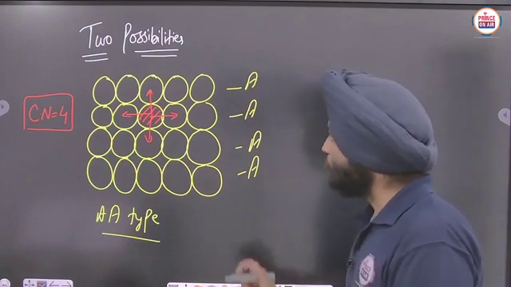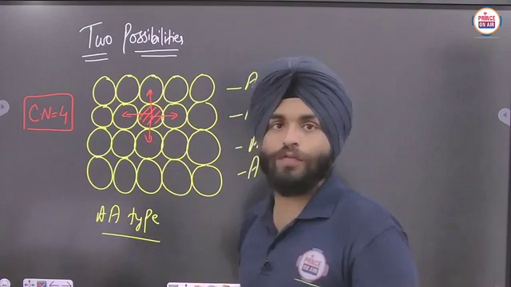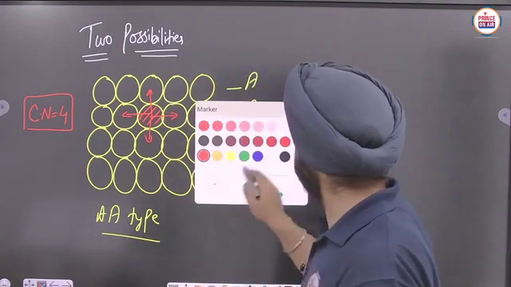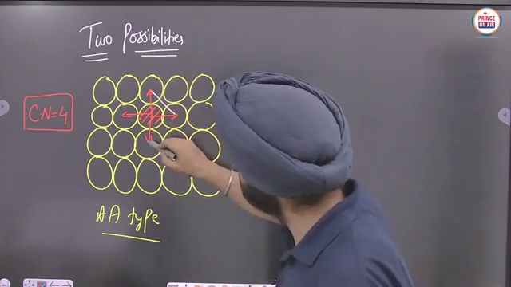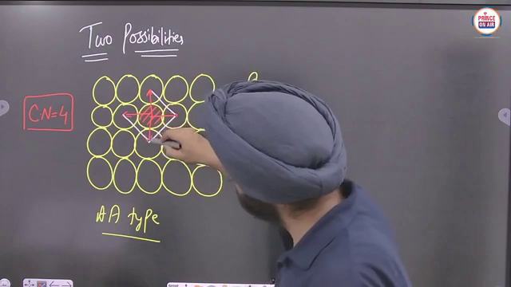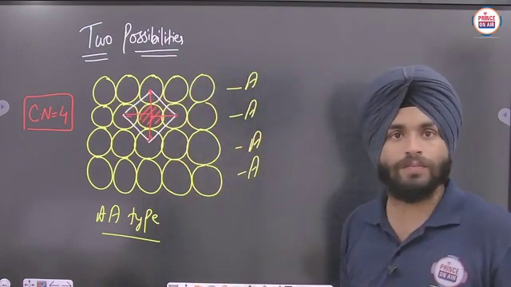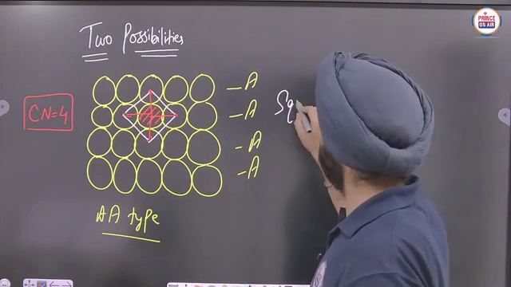Okay, then. If you join the centers of these particles, see, which structure is formed here? That is a square.